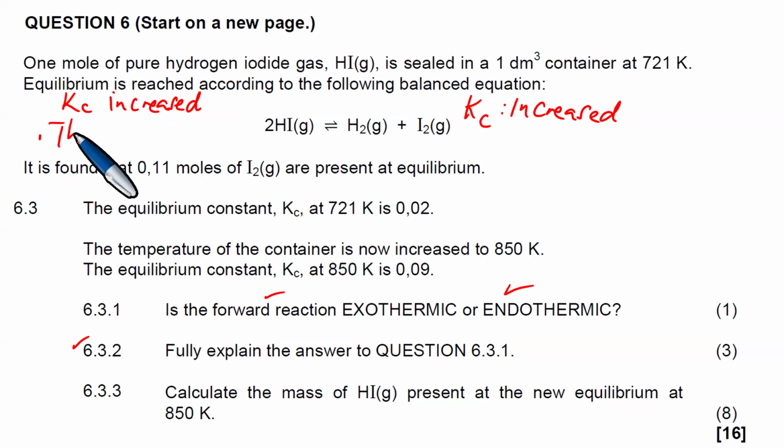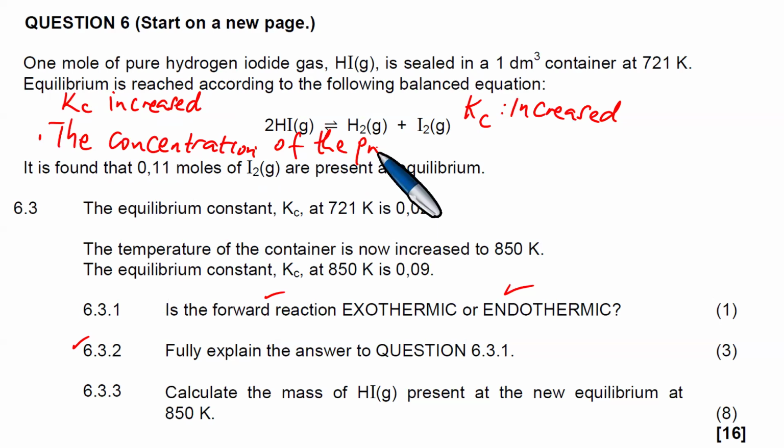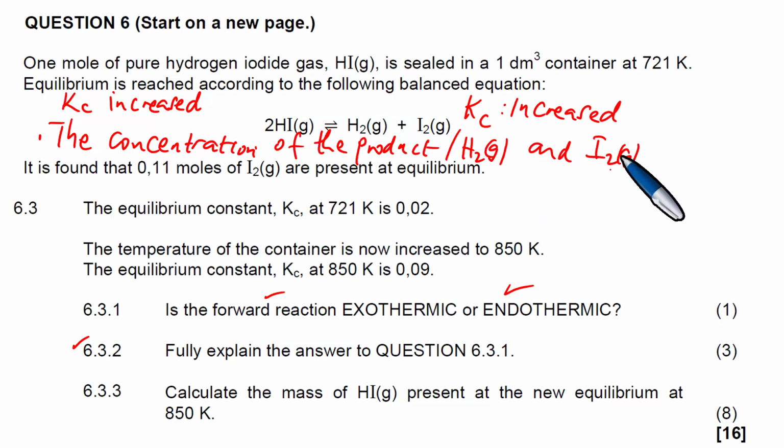The concentration of the product, be it hydrogen gas and iodine gas, is increased. We're going to analyze what that means in a little bit.